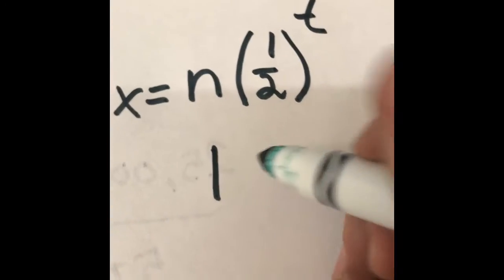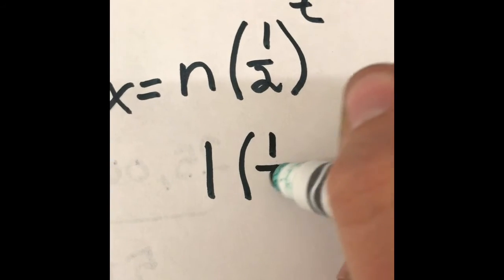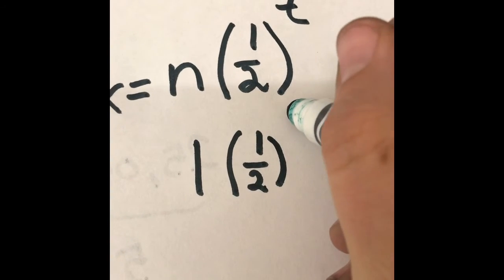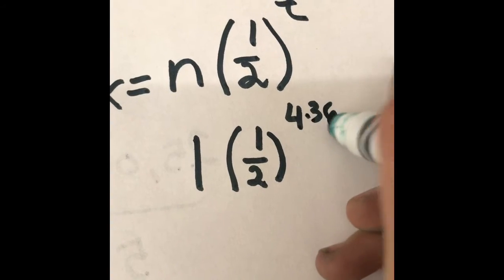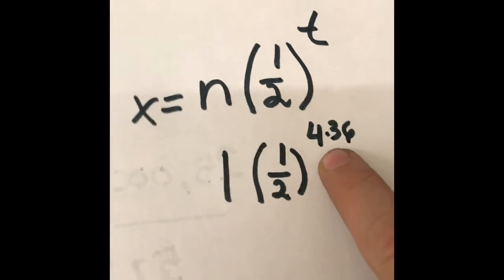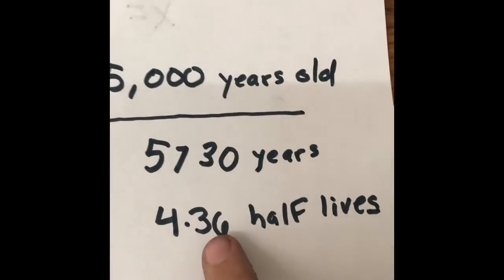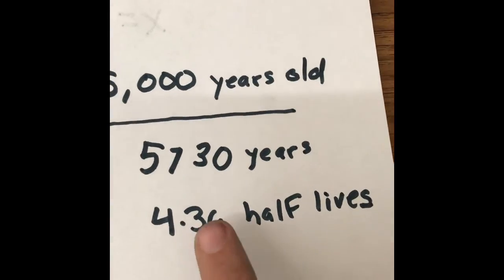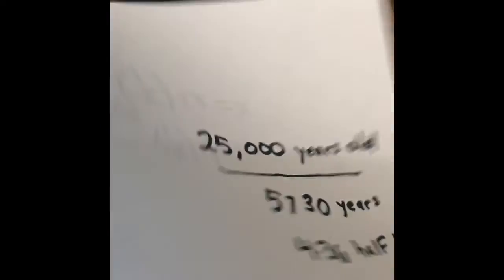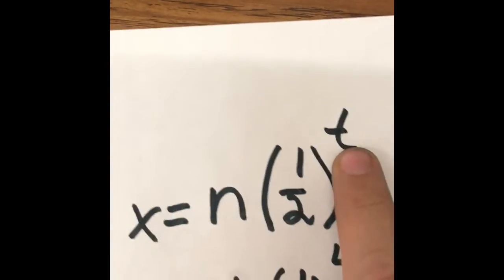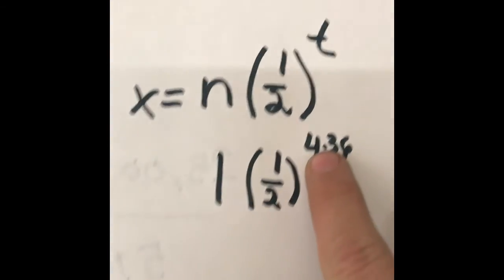So we're going to plug in the number 1, times 1/2, and raise it to the power of 4.36. Where does this 4.36 come from? In our previous problem, we determined that we had 4.36 half-lives. So that is the number of half-lives, t. We're going to plug in for t, the number of half-lives, 4.36.